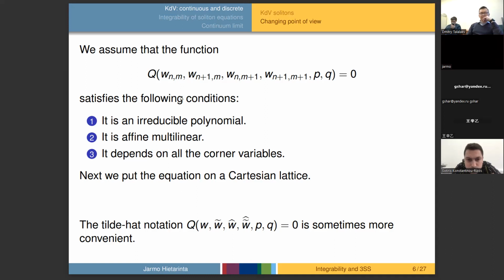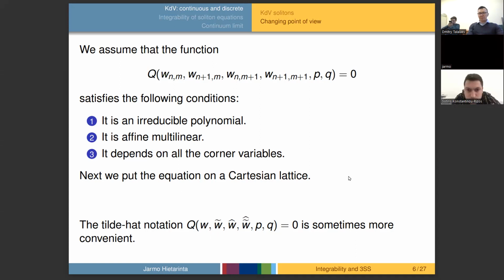By the way, I will change the notation here because this one is very often used and it's sometimes more convenient. So we will use both conventions here.